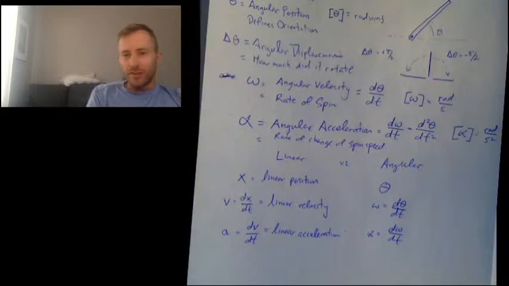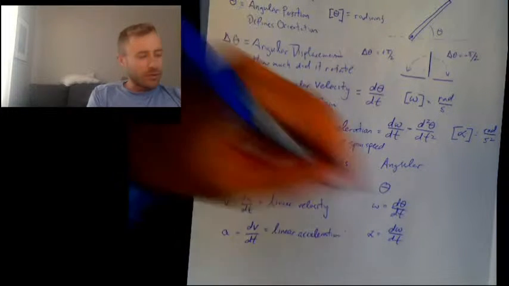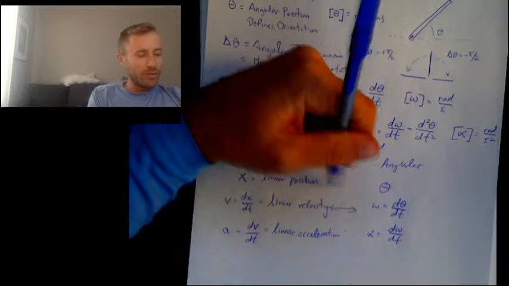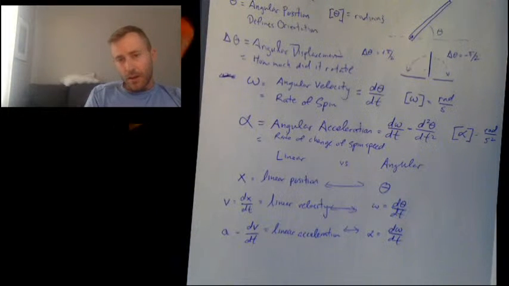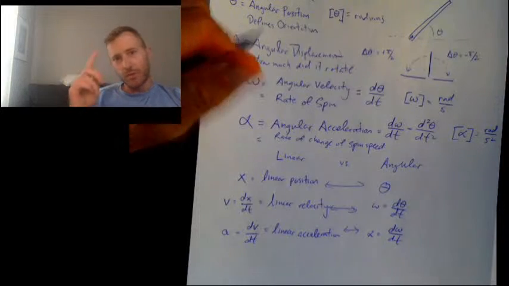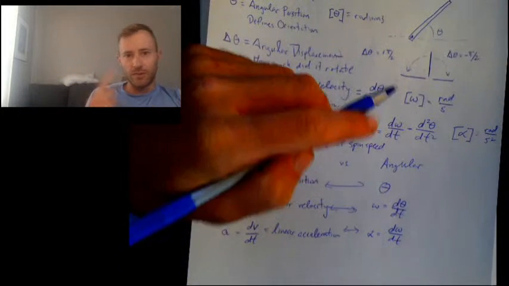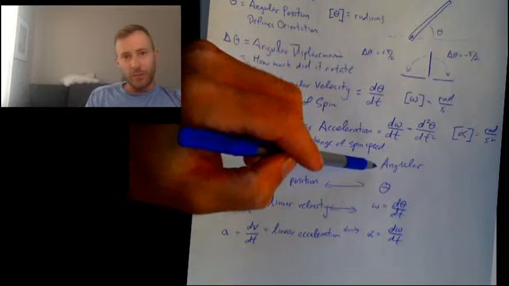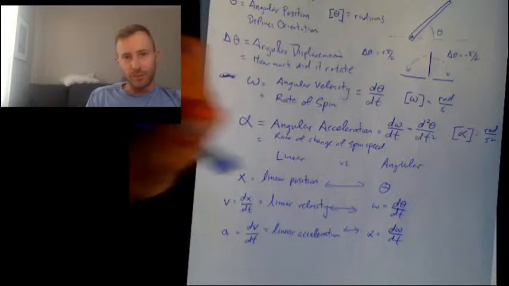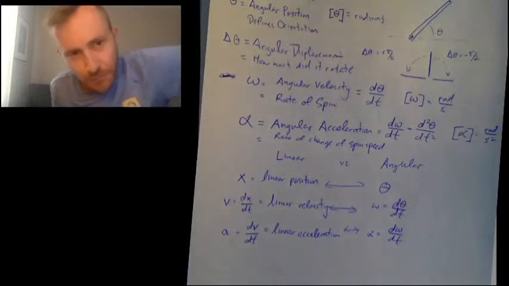So we can see that there's a correspondence between linear quantities and angular quantities. Keep in mind when something is rotating, it's rotating about an axis, and so there's a connection between angular motion and one-dimensional linear motion.